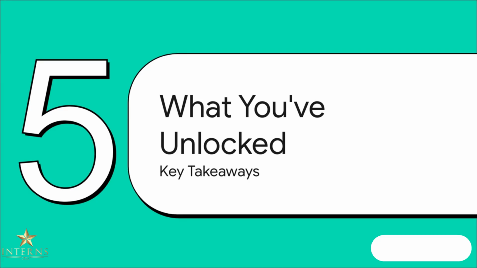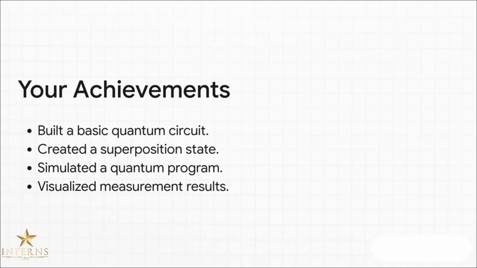So, you've followed the steps, you've seen the bar chart, but what does it all really mean? What have you actually accomplished with this simple little piece of code? Well, this is way more than just a few lines of code. You've built a quantum circuit, you've created a superposition state, and you've witnessed true quantum probability in action. And this result, it's not just a cool party trick.